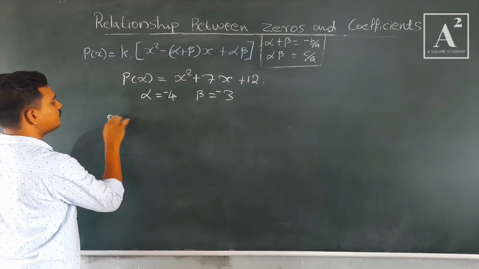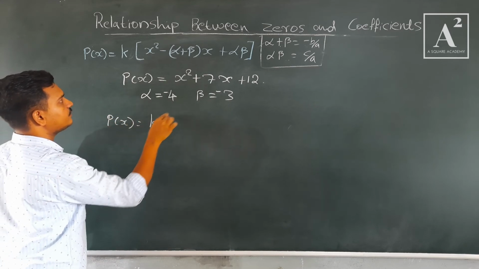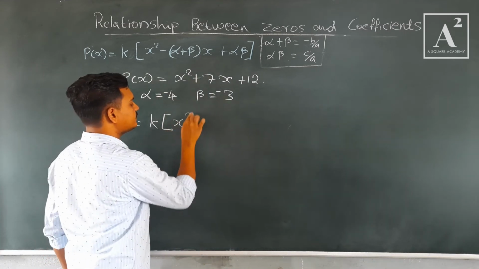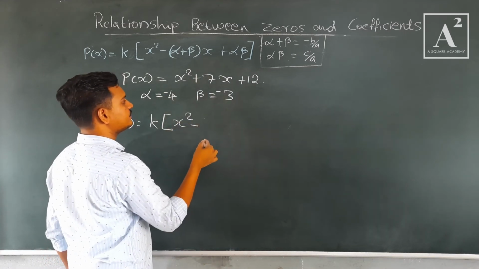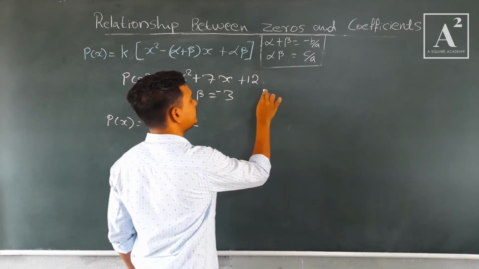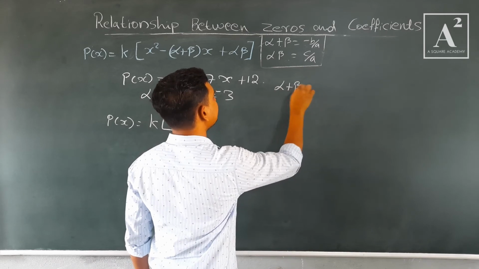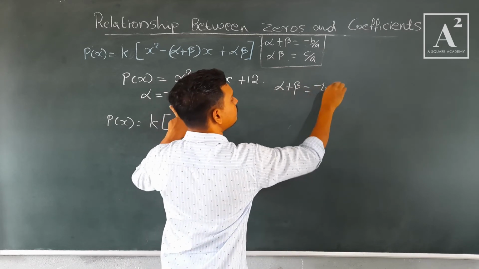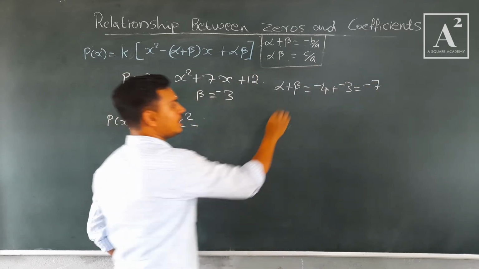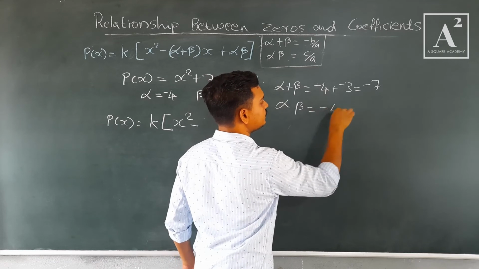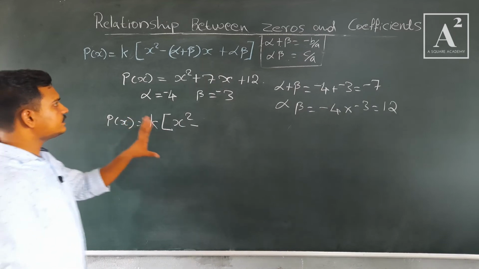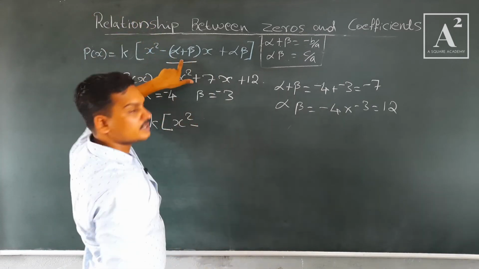So p of x is equal to k times x square minus alpha plus beta. We want alpha plus beta, which is equal to minus 4 plus minus 3, that is minus 7. Now alpha beta is minus 4 times minus 3, that is 12. Substitute in place of alpha plus beta.